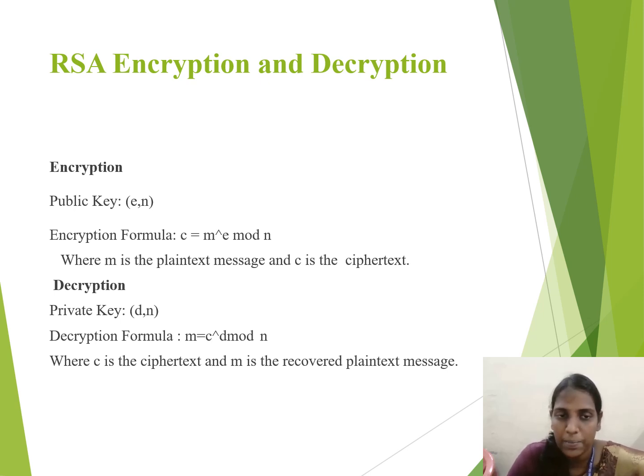For encryption we use one formula: C equals m to the power e mod n, where m is the plain text and C is the ciphertext. For decryption we use the private key. The decryption formula is M equals C to the power d mod n, where C is the ciphertext and M is the recovered plain text.